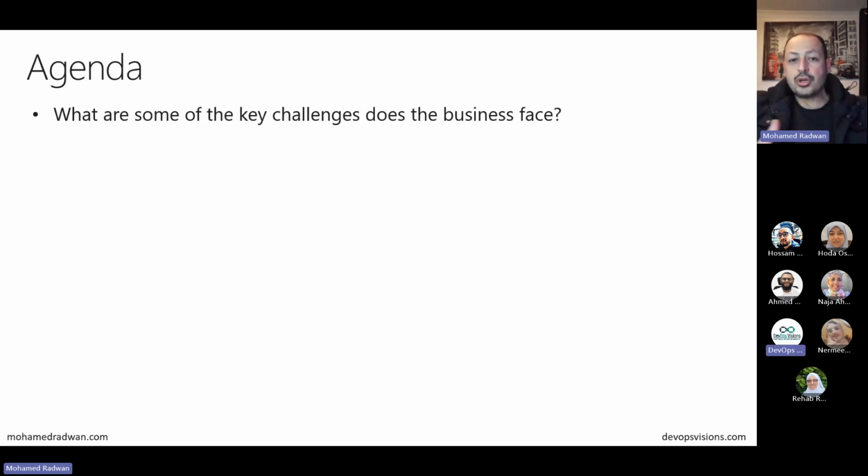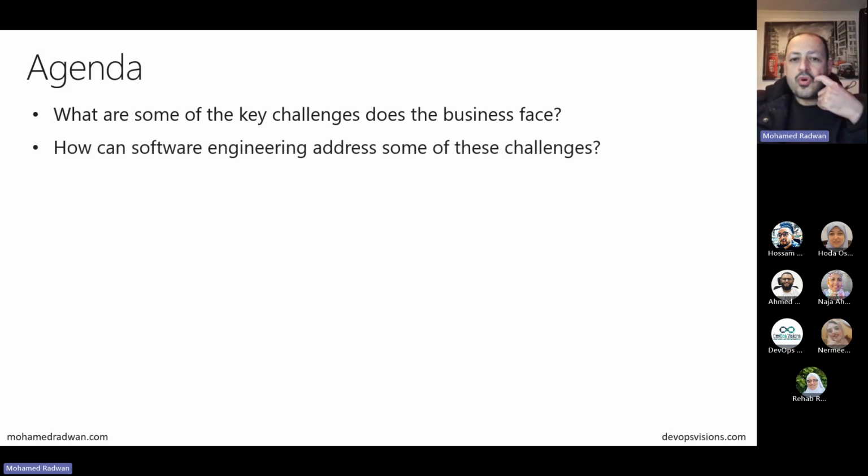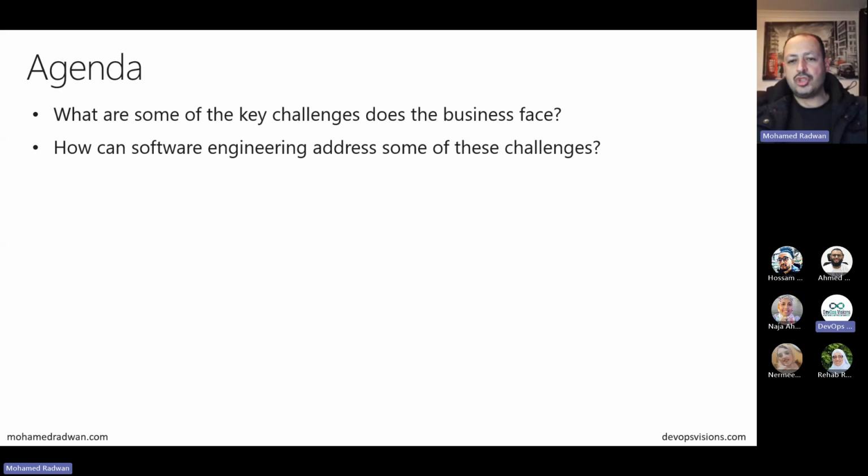So we will cover some of the key challenges of the business and focus on how software engineering practices address some of these challenges. Of course, we can't cover all the challenges, but we will introduce the way that you can face some of them.